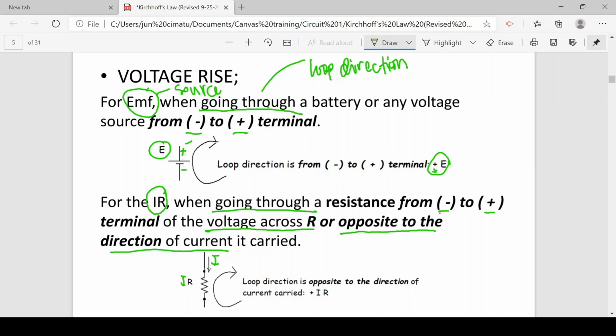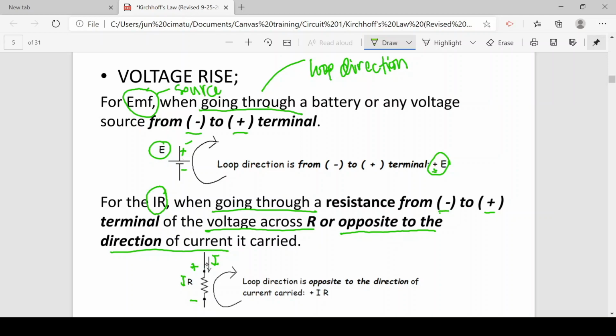From where the current enters, the terminal is positive for R, and the terminal of R from where the current leaves is negative. So this is the polarity of the voltage across the resistance.